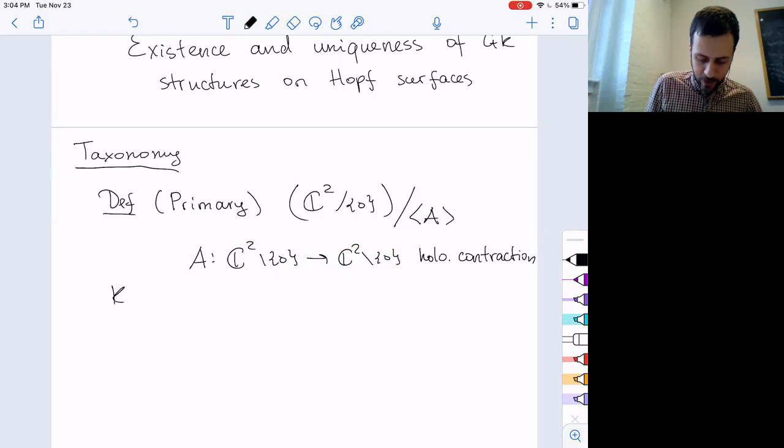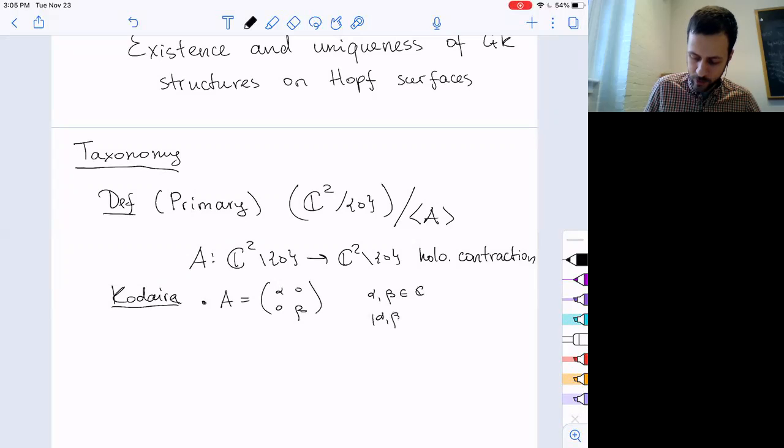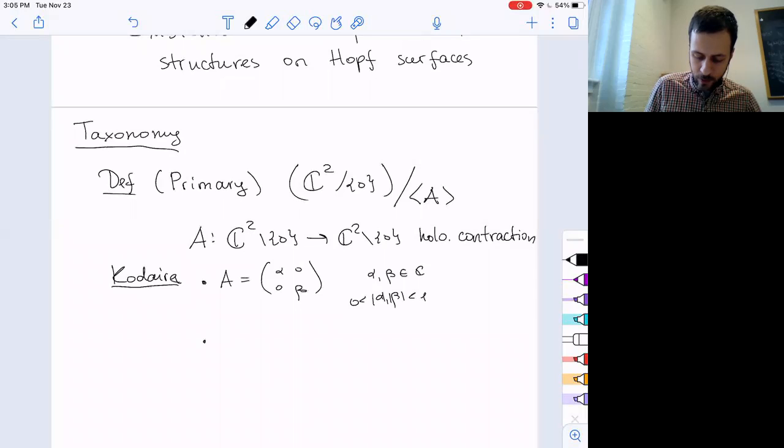And by Kodaira, in appropriate coordinates on C2 minus the origin, this contraction can be made either just multiplication by a diagonal matrix, where alpha, beta are two complex numbers with norms between 0 and 1. Another option is a little more subtle, sort of like a Jordan block.